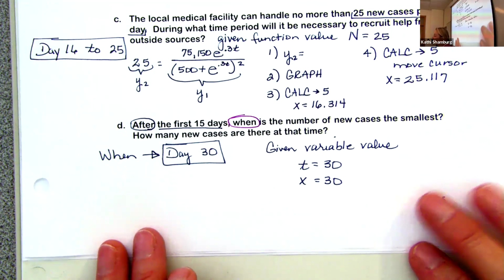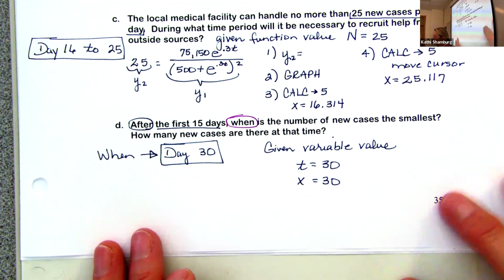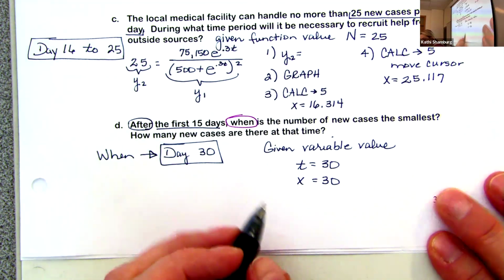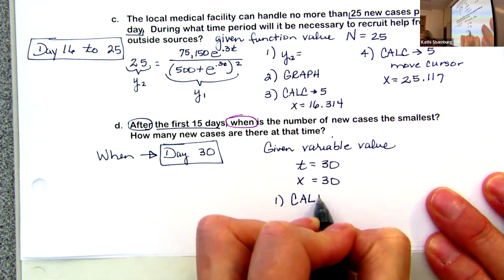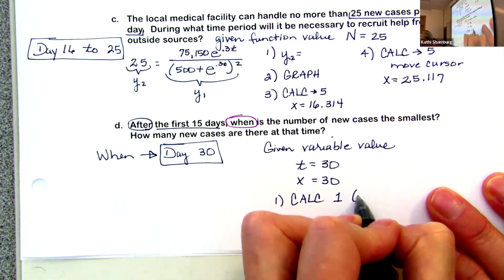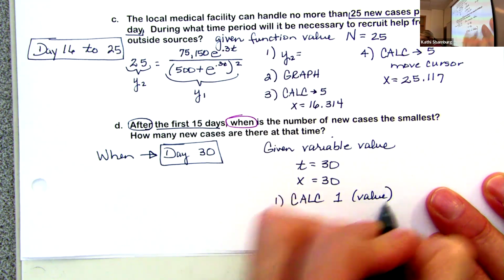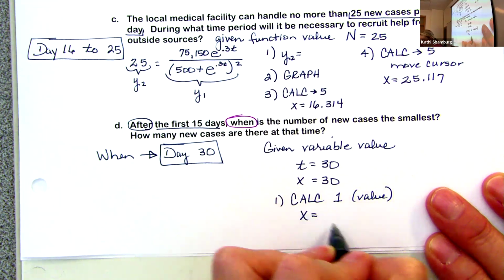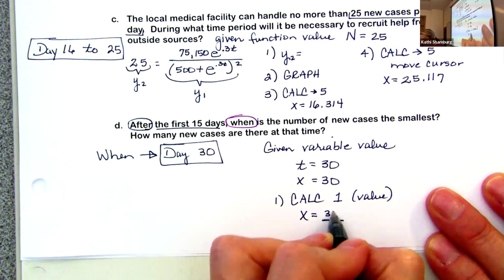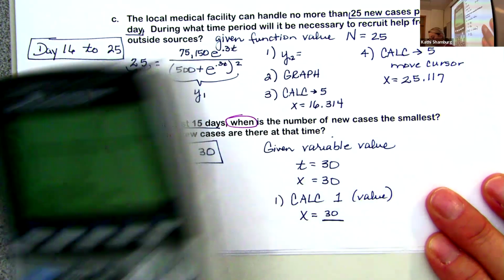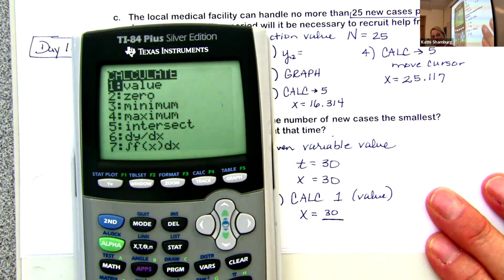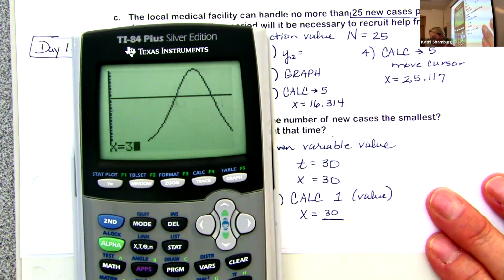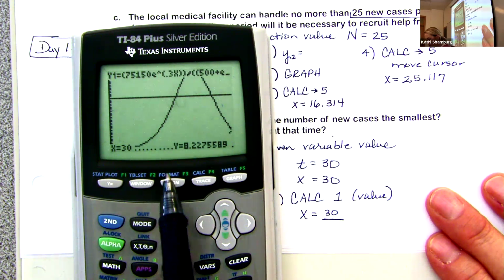So what calculator operation do we use? Calc 1, value. It's going to come up x equals, and then you're going to put in 30. And then you're going to hit enter and your y.